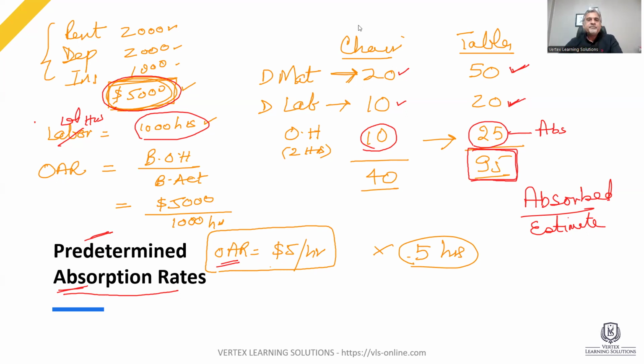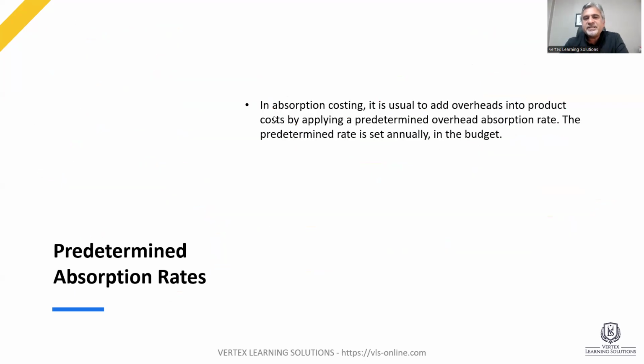And now let's see what we have on this slide. It says that in absorption costing, it is usual to add overheads into the product cost by applying a predetermined overhead absorption rate, OAR.